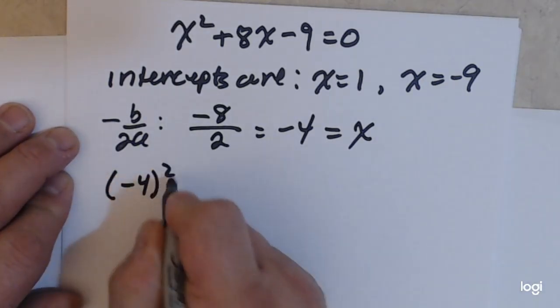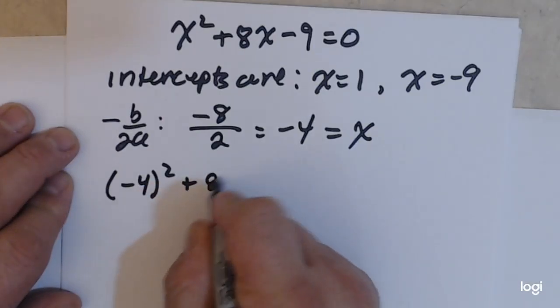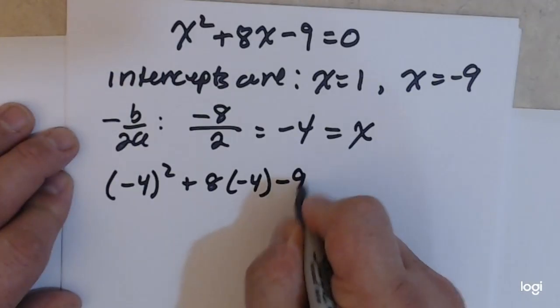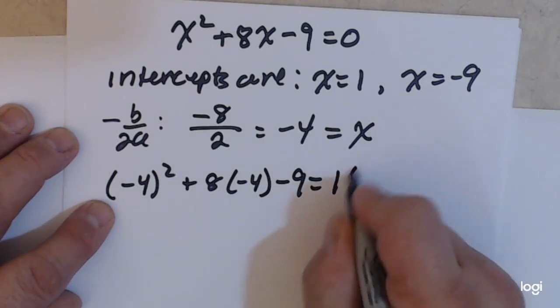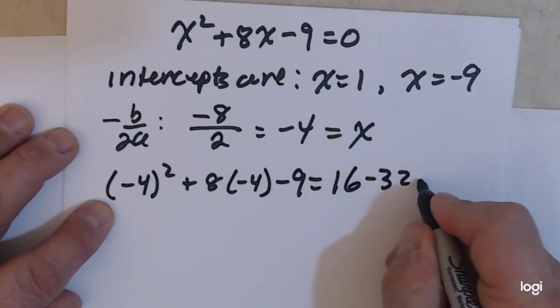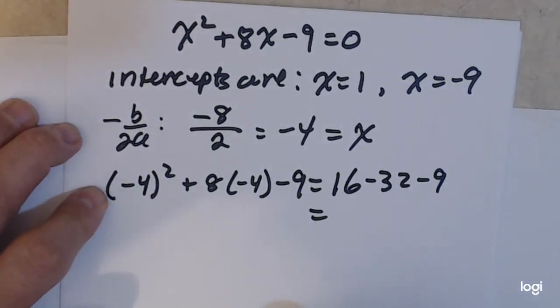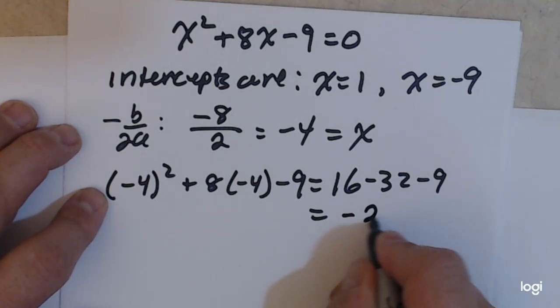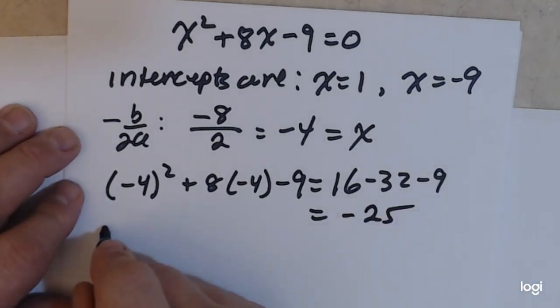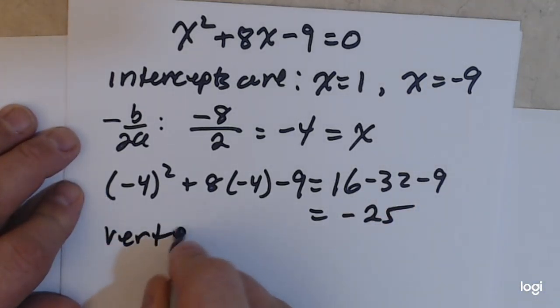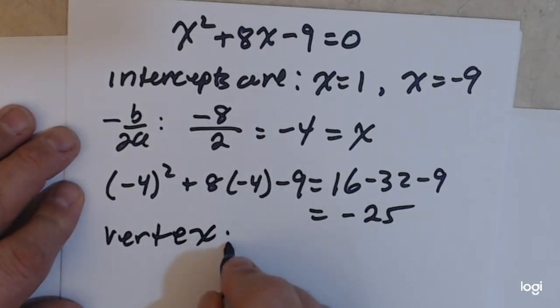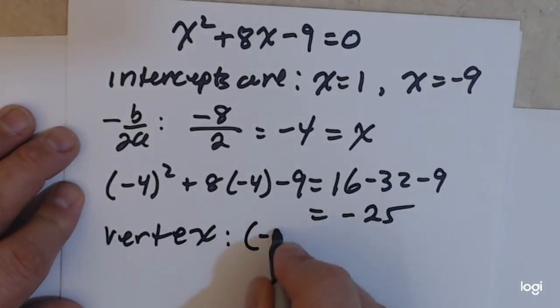Negative 4 squared plus 8 times negative 4 minus 9 is equal to 16 minus 32 minus 9. So that's negative 16 minus 9 is negative 25. So our vertex is negative 4 comma negative 25.